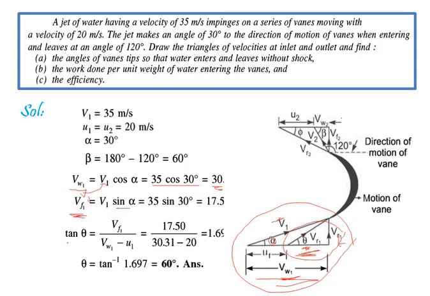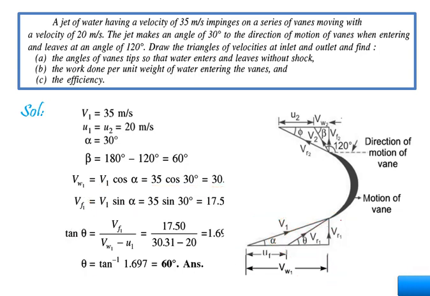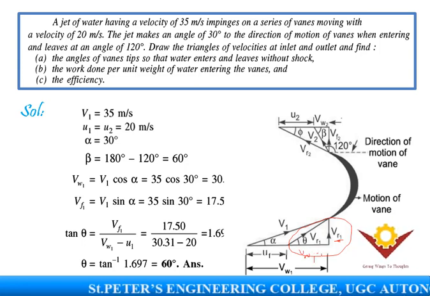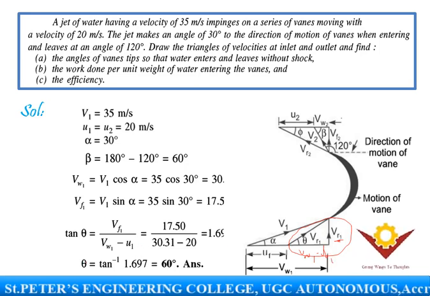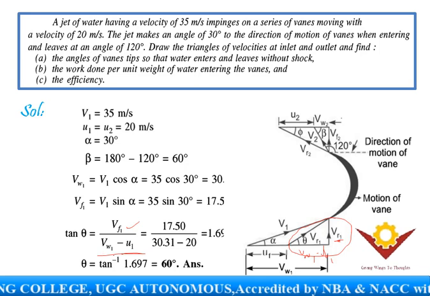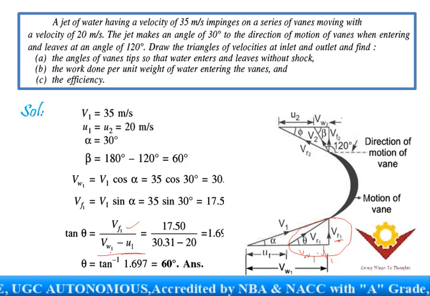And now from the tan theta of this particular figure, tan theta is VR1 divided by VW1 minus U1, that is, flow velocity divided by VW1 minus U1.